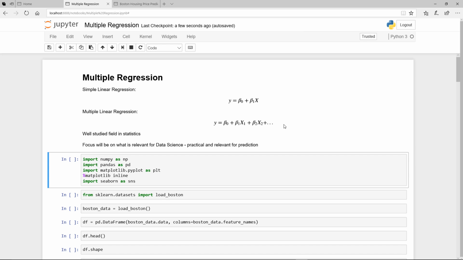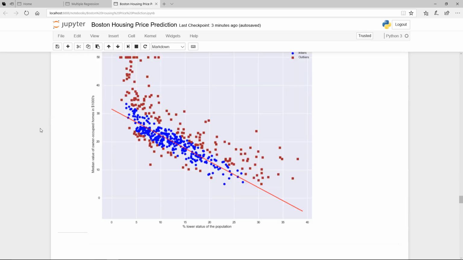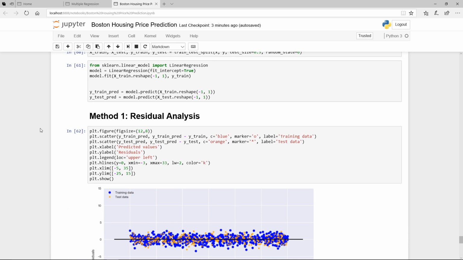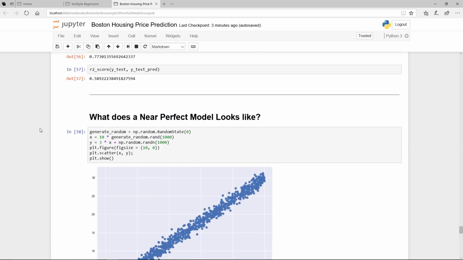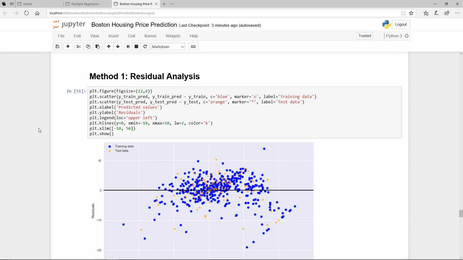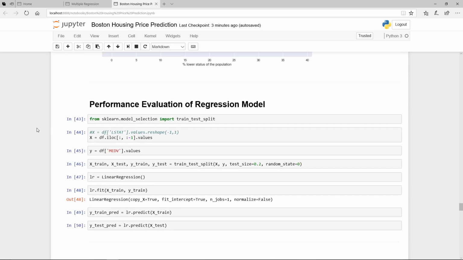In the examples that we did with the Boston housing price prediction, we were modeling mostly with simple linear regression. The one time that we did multiple linear regression was towards the end, whereby we used everything in our model to conduct our modeling process.